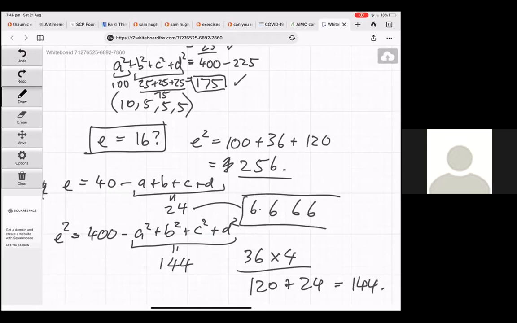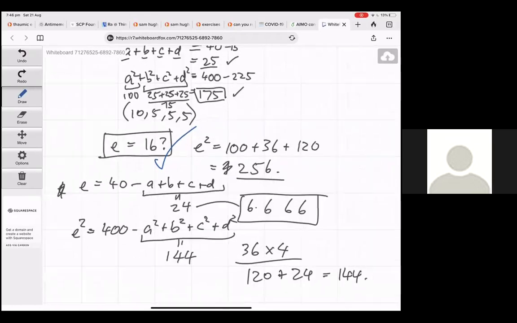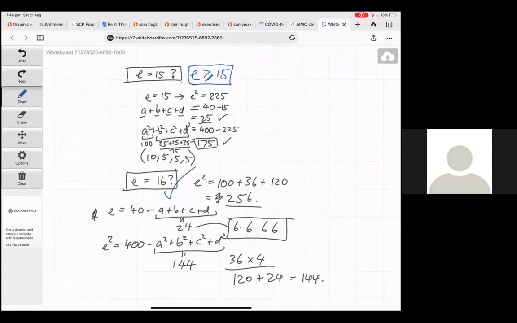So that means 6, 6, 6, 6 actually works. So yay, we have an even tighter bound. From this, we have, in fact, that E is bigger than or equal to 16.